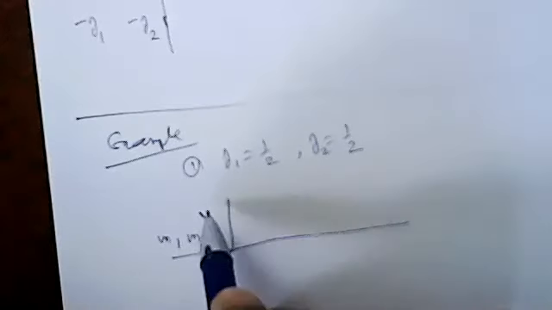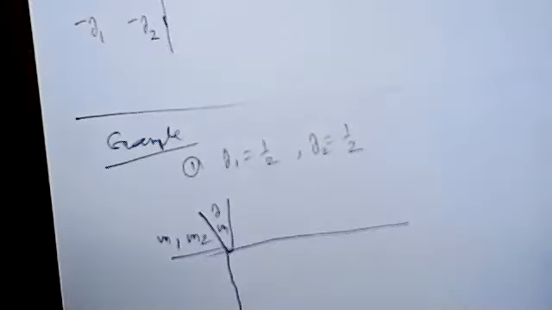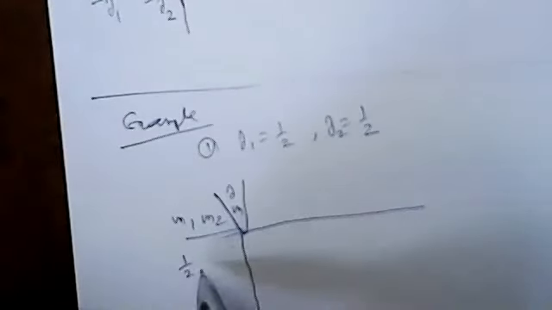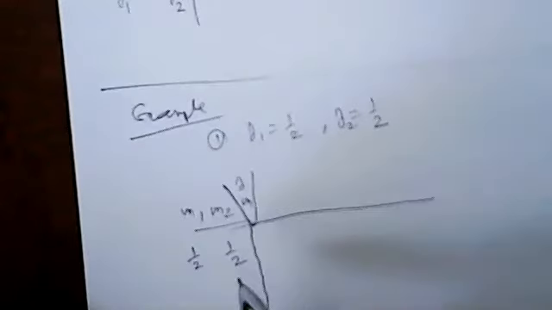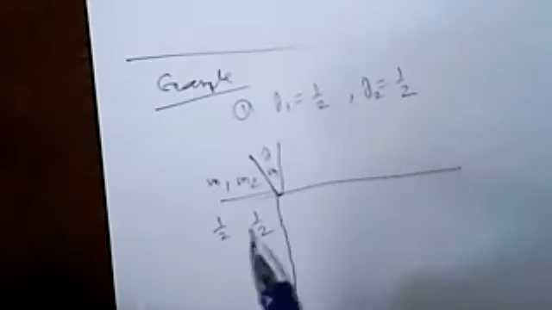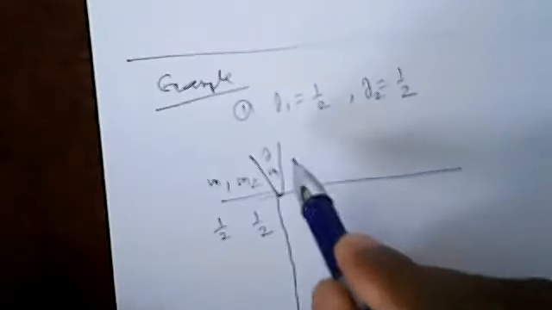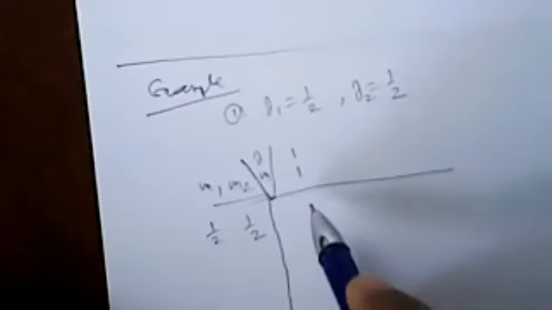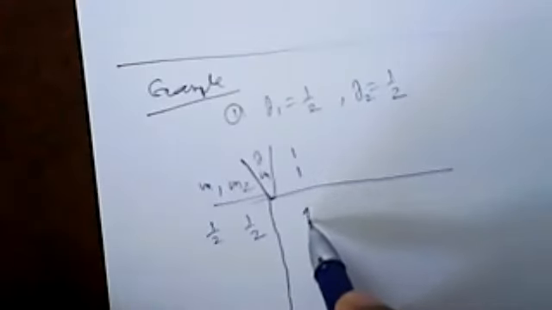You write the M1, M2 values and the J, M values. The M1, M2 values are half, half, and the J, M values are 1, 1, and the corresponding Clebsch-Gordan coefficient is 1.